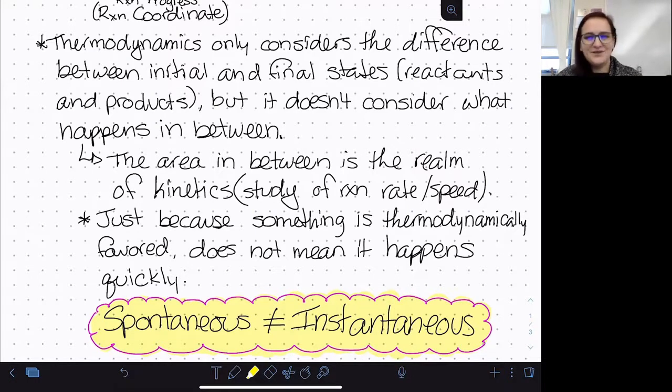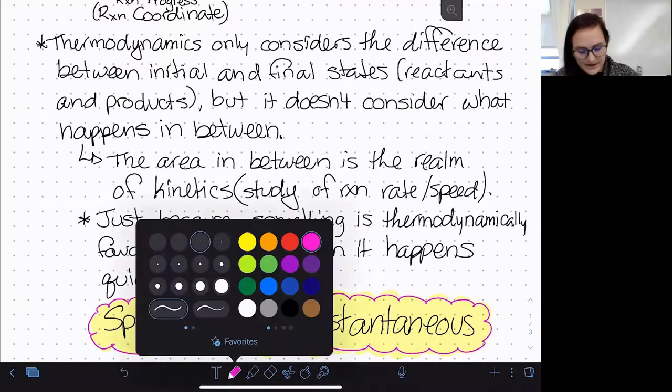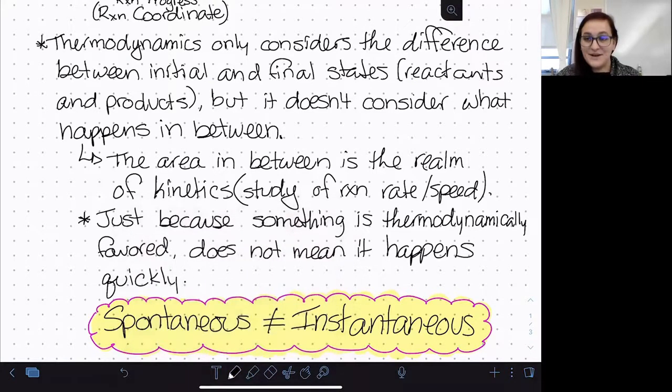But a spontaneous reaction might never happen because it might be so slow that you just never actually observe the reaction happening. My favorite example of this is the conversion of diamond into graphite.